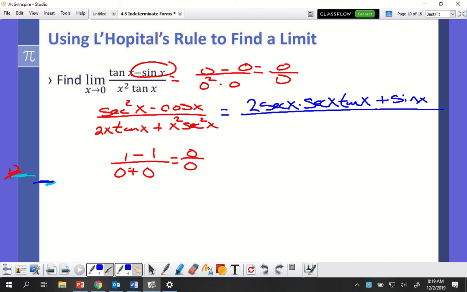Okay, so that's going to be a 2 tan x plus 2x secant squared x, okay, plus 2x secant squared x plus x squared, and the derivative of secant is secant tangent. All right, okay.